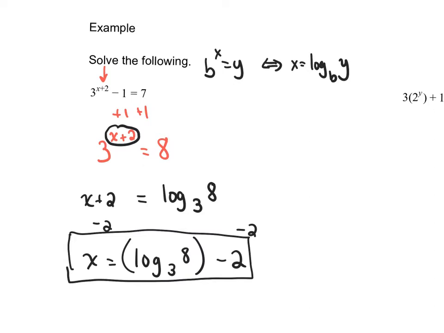So if I wanted to approximate this solution, in Desmos, log base 3 of 8 I found to be 1.89, with some more decimals, but we'll call it that, minus 2. So our solution is going to be approximately negative 0.11. So log base 3 of 8 minus 2 is about negative 0.11. But if you want the exact answer, which is fine, then just keep it as log base 3 of 8 minus 2.